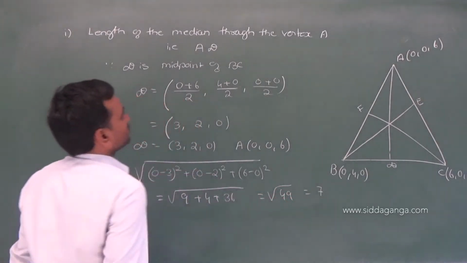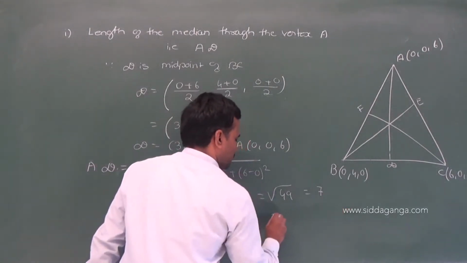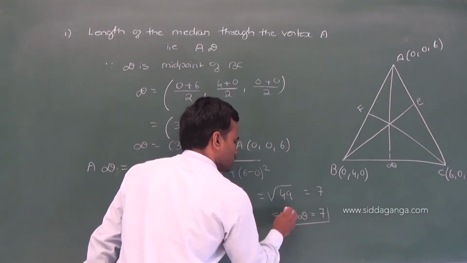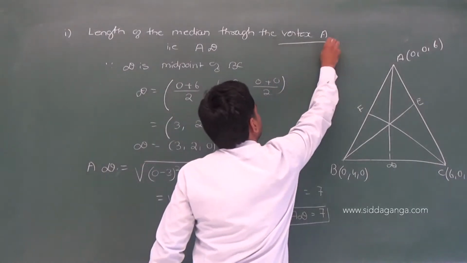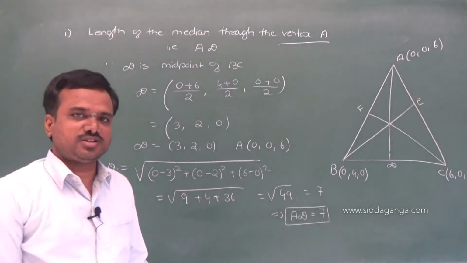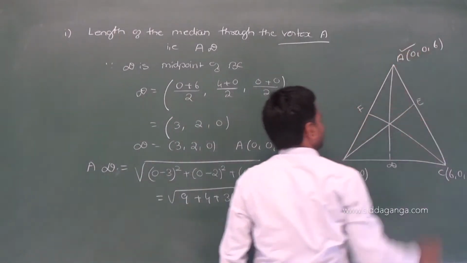It is 7. So the length of the median AD is equal to 7. First one is over.